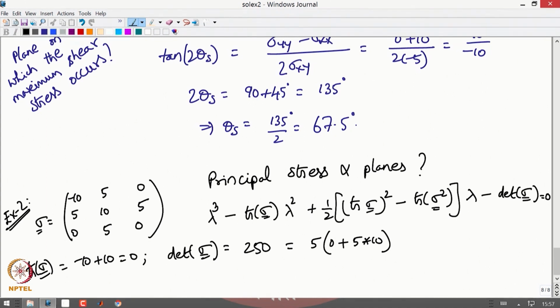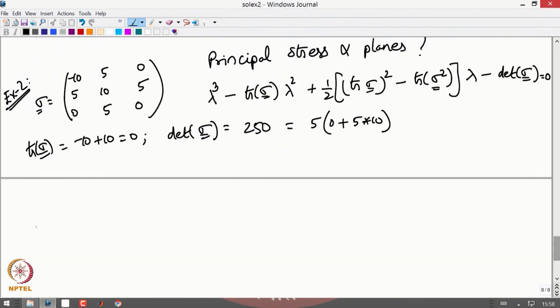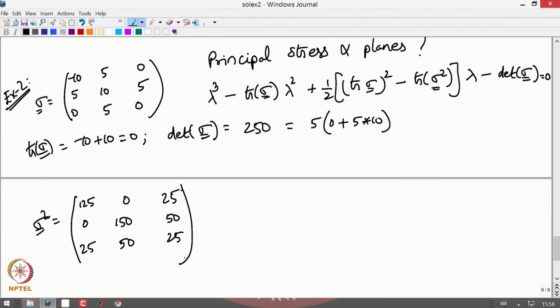I can find sigma square, given the sigma, as 125, 0, 25, 0, 150, 50, 25, 50, 25, okay, which will be nothing but 10 square plus 5 square, minus 10 into 5 plus 5 into 10, and 5 square and so on.